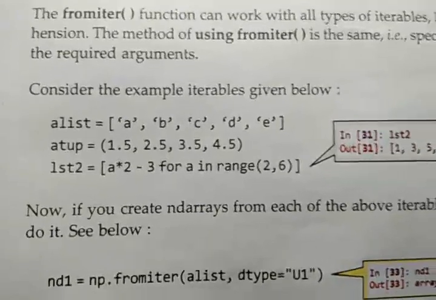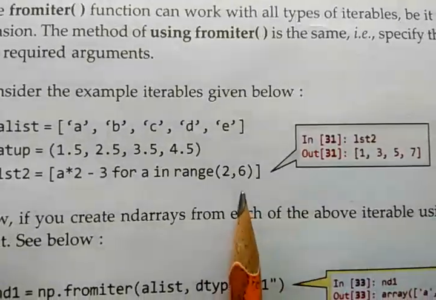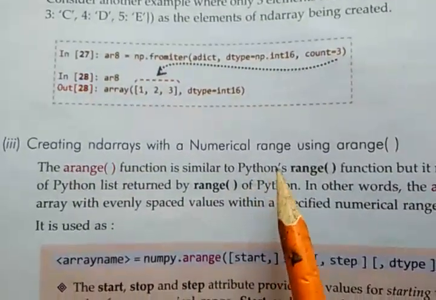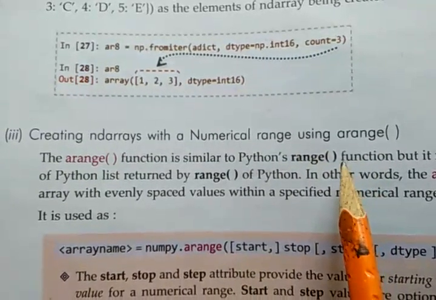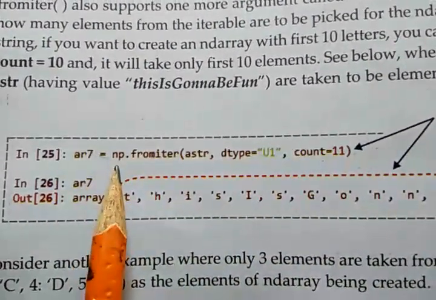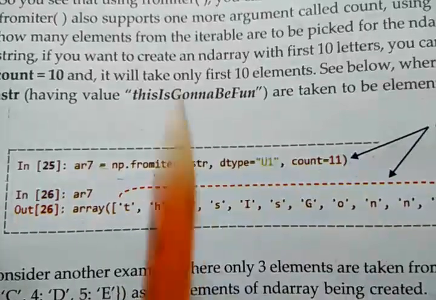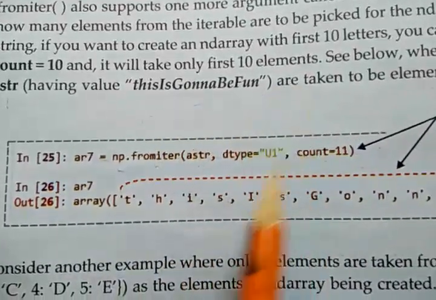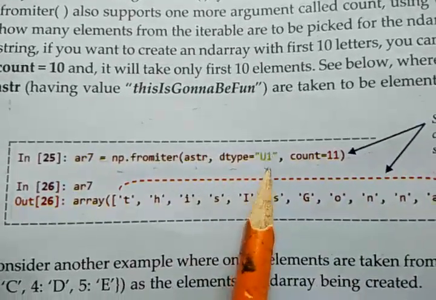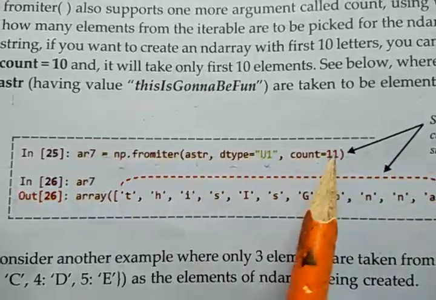And we can also use this with a different data type. The arange function we can also use. Before this, here is one example from the string array: np.fromiter of astr, where we have already stored the value 'this is gonna be fun'. The data type is U1, so this is a Unicode character; 1 character is required, and the total number of characters is mentioned as 11.